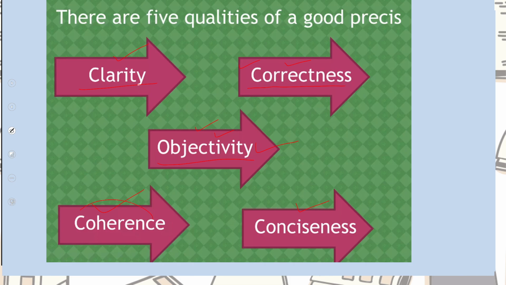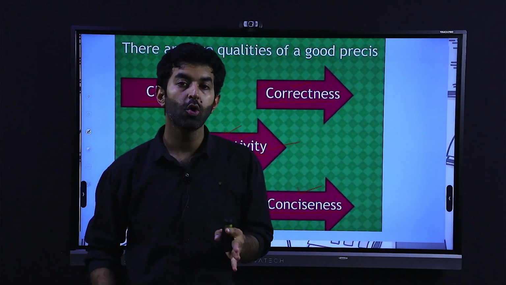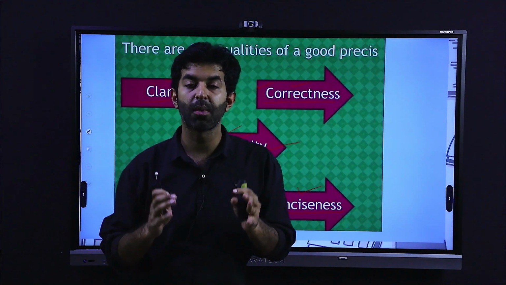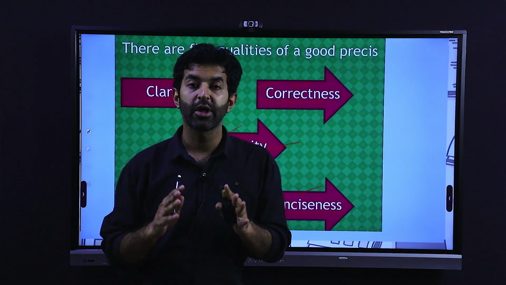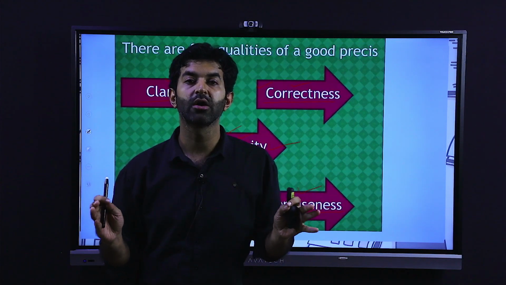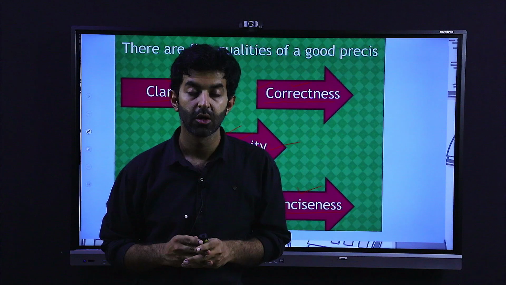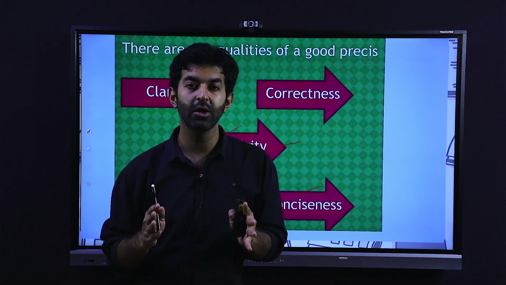Then we have coherence. It means that every sentence, every line of your Pressy should be connected. It should have coherence with each sentence or line. And lastly, you have to make it concise. It means short. No matter if you have good command of the English language, you cannot make the Pressy longer than it is asked for. So you have to follow the correct limit of writing a Pressy.